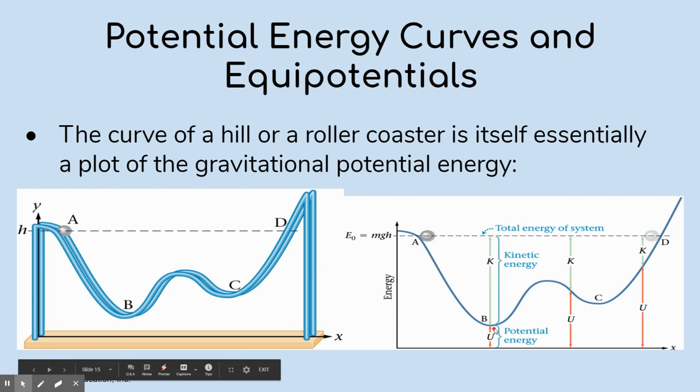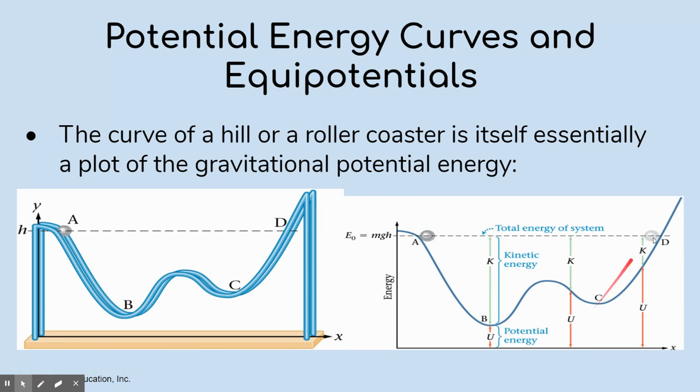U is the height of the curve, and K is this other part, the part from the curve to the highest point in the track. And K, the kinetic energy, would disappear at A and D because these are turning points where the ball stops moving for a split second.